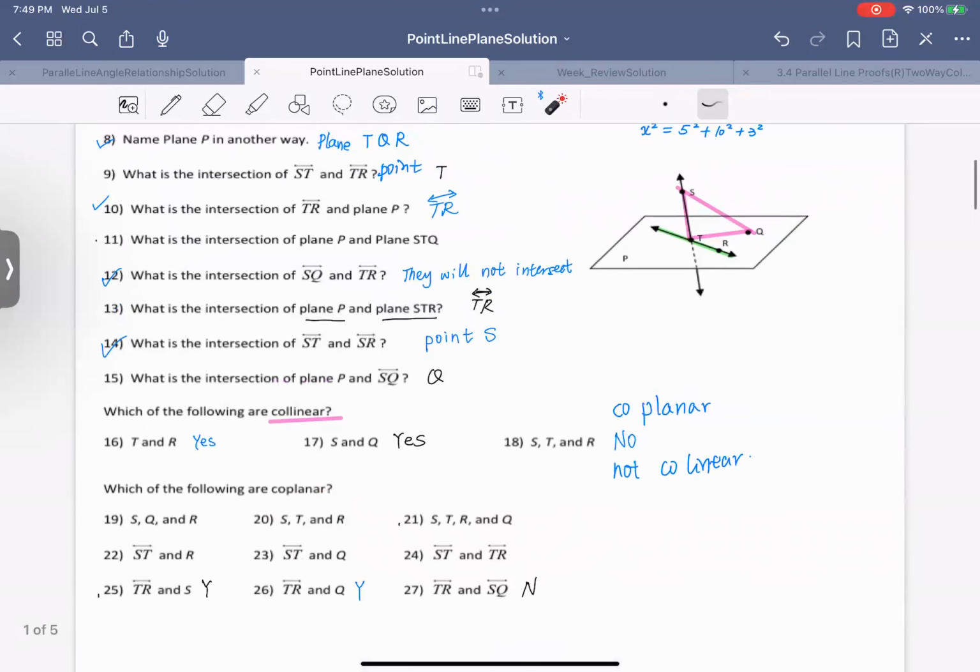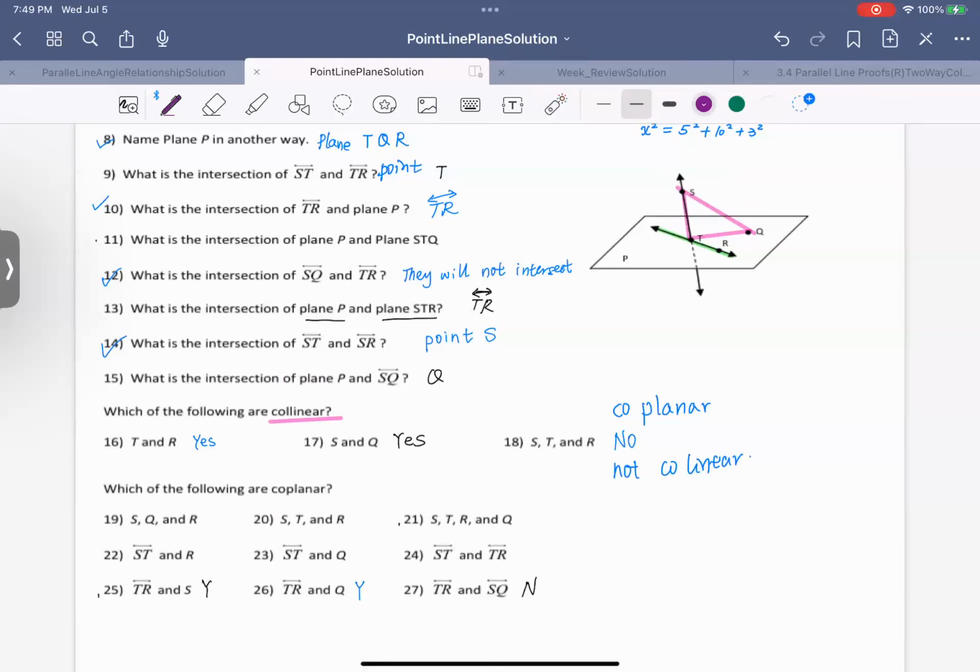Let's do this carefully. ST is here. STR is this plane. Q is this guy. You think this guy is in this plane? No. Make sense?